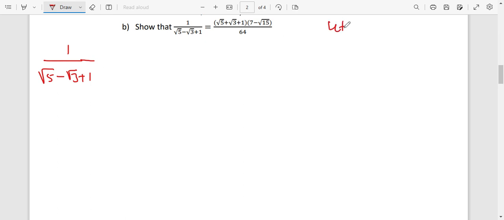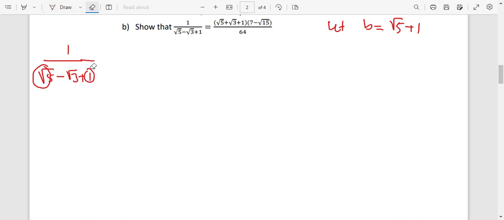So let any letter, let b be equal to, I'm going to get root 5 and 1. I've chosen it strategically because I know if I get a negative 3, it will be tricky for people. Okay, I'm going to get root 5 plus 1.